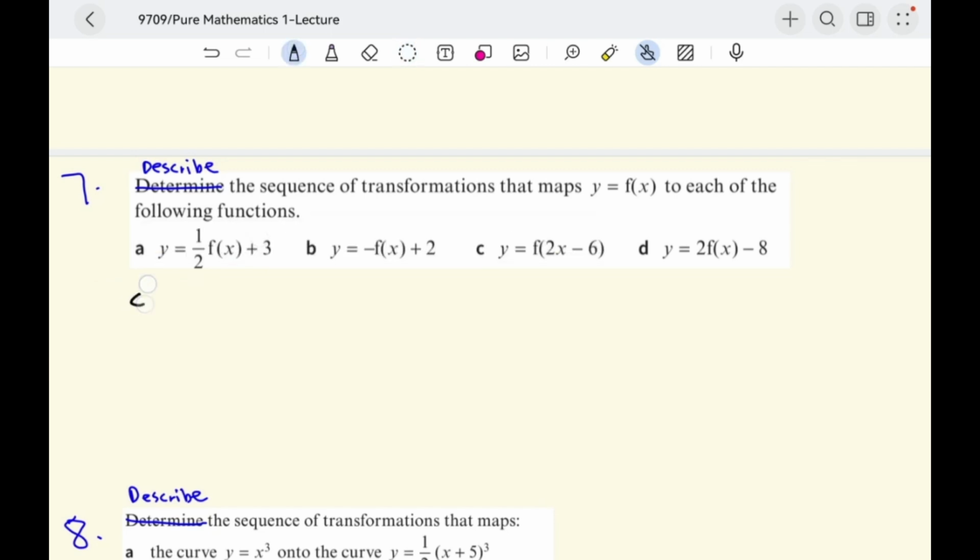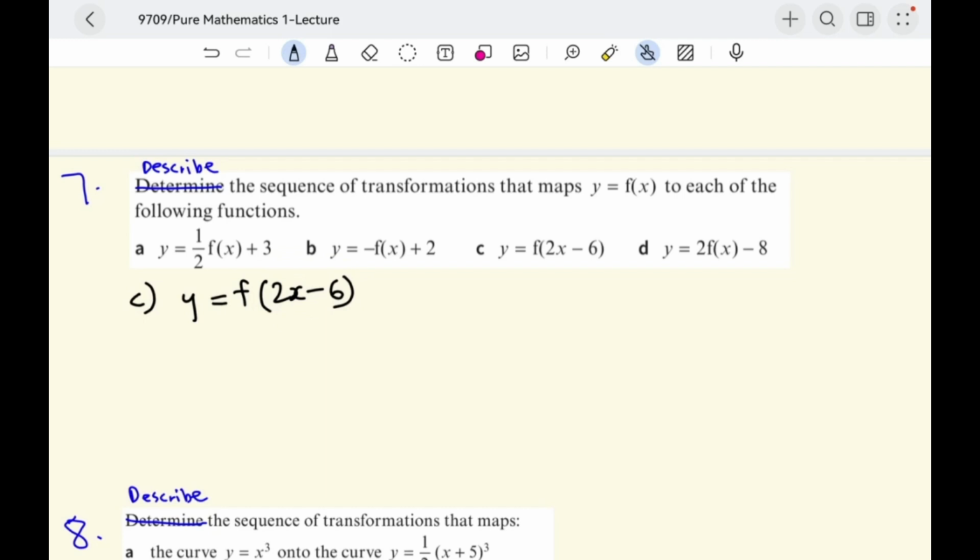So let's take a look at C. C is y equals to f(2x) minus 6. So what are the transformations? First thing first, I don't want to see this. Maybe I can focus on this.